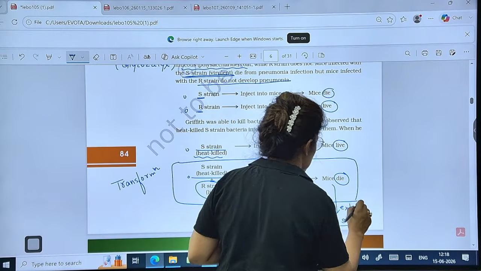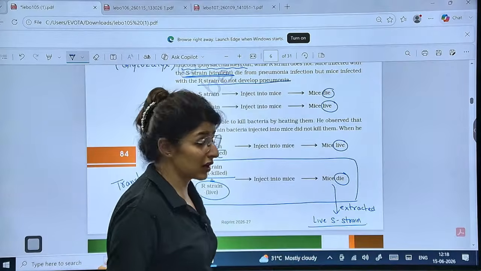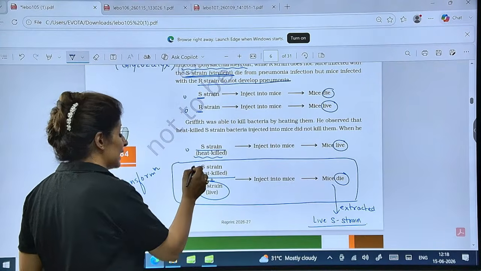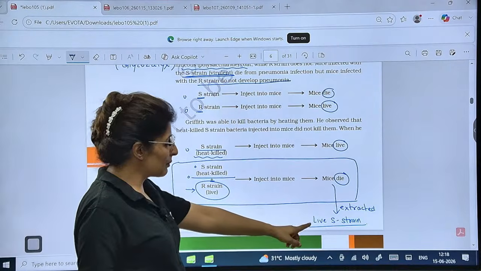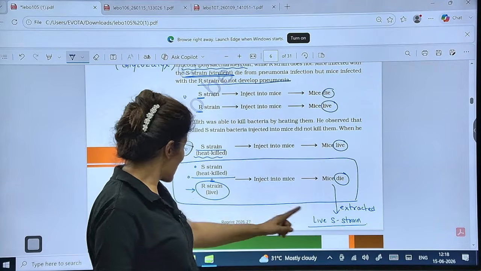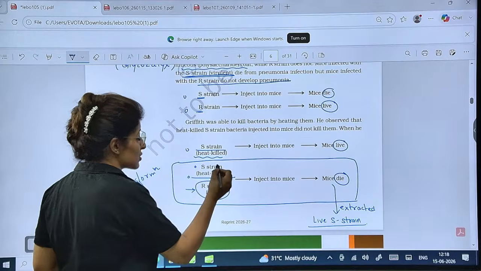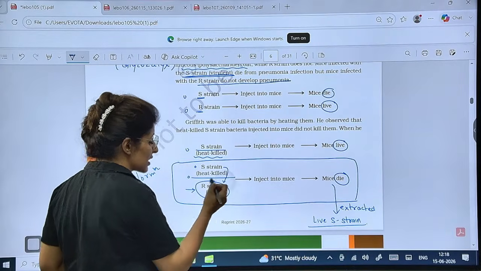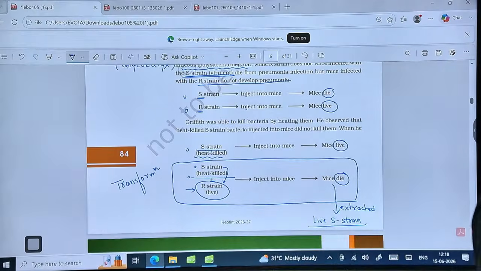From this dead mouse, we extracted live S strain. Although we added heat killed S strain and the R strain was live, how did we manage to extract live S strain? So this confirms transformation. The S strain has transformed the R strain. Please tell me these points are clear. Yes guys, are you able to follow the points?